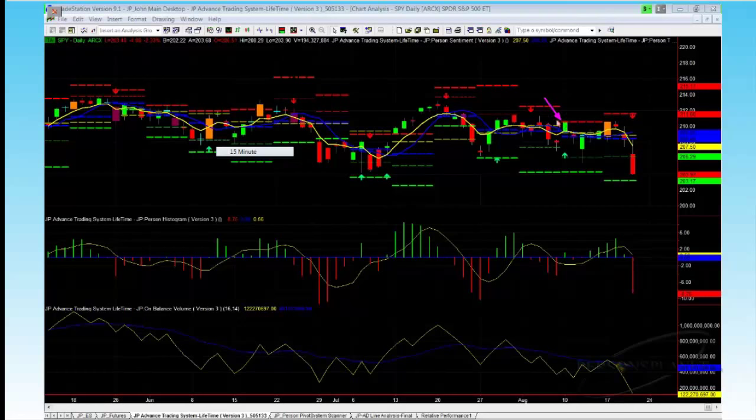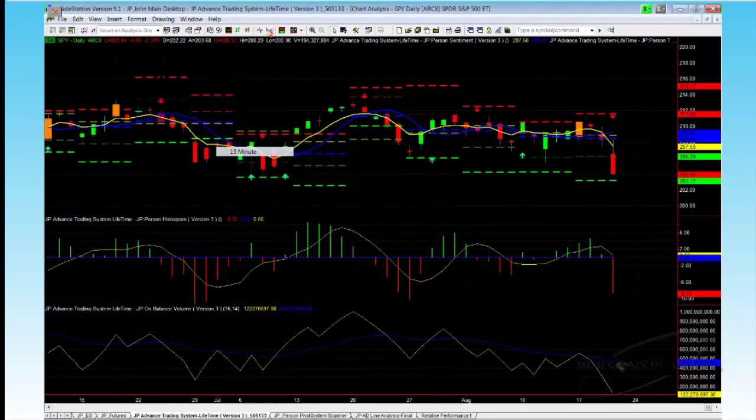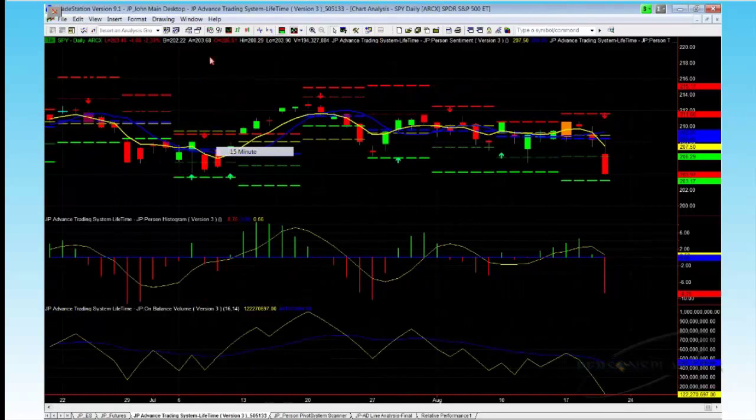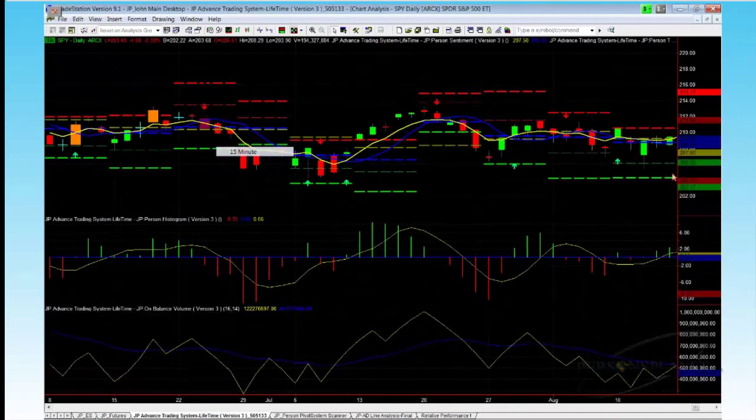So looking at the valuation, if you looked at the market that went down and came all the way back up to this level, to the naked eye it's like, hey, the market's kind of recovering and looks pretty good.